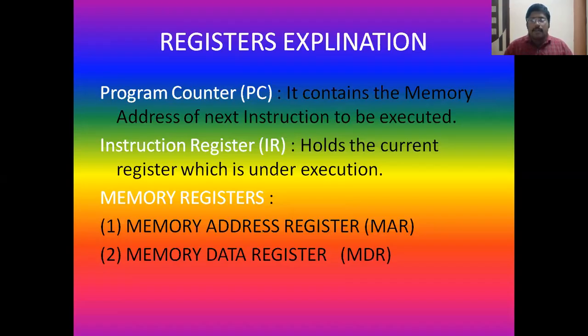If my ALU is executing the third instruction, after executing it, it has to execute the fourth instruction, isn't it? All the instructions are stored in the memory. So whenever the ALU is executing the third instruction, it is necessary to store the address of the next instruction. The next instruction address will be stored in the program counter.